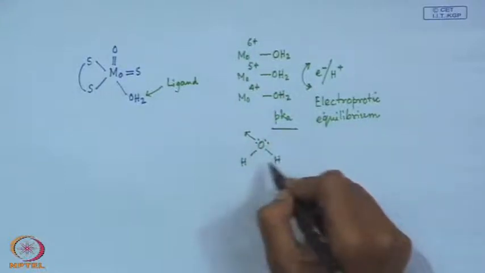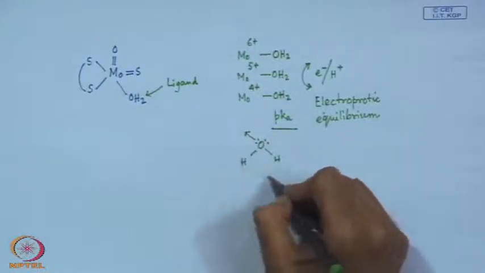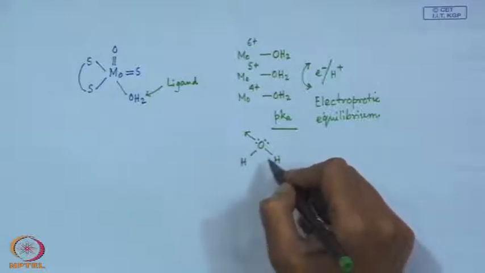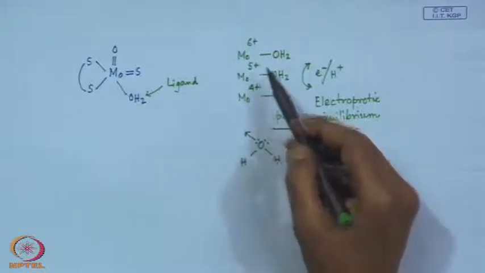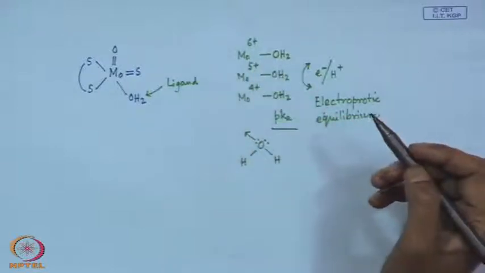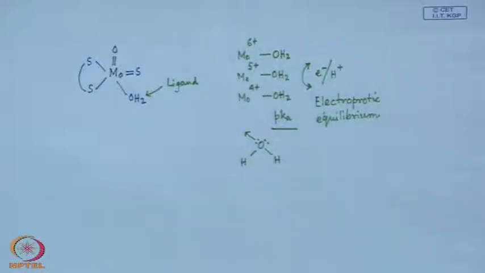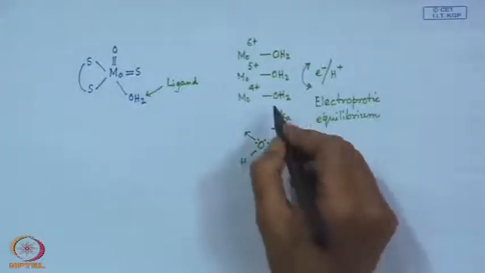So, the hydrogen ions attached to the water molecules are more and more acidic as we go from a lower oxidation state to a higher oxidation state. For that reason we get the information that the pKa is lowering.